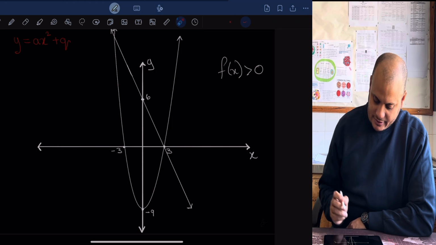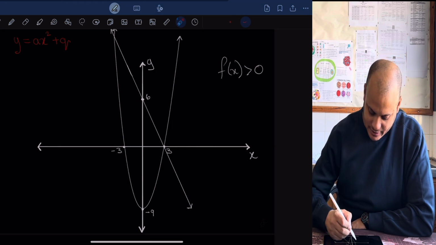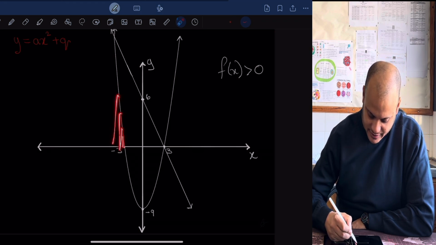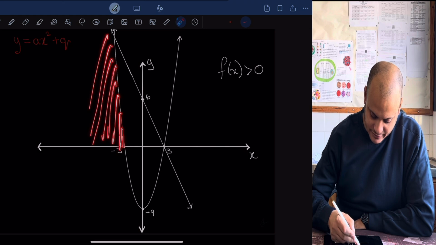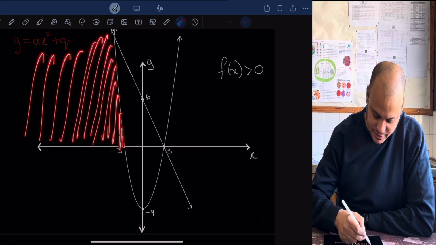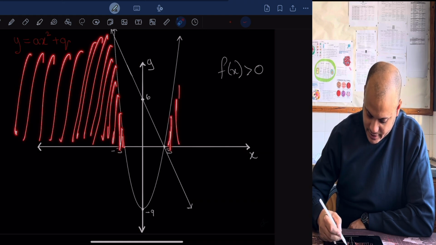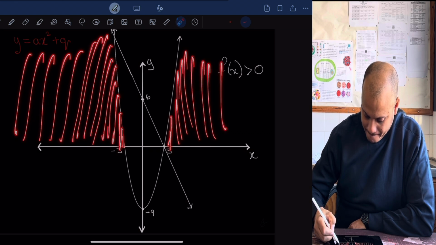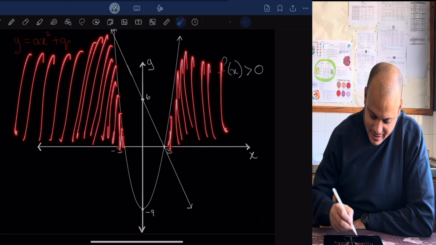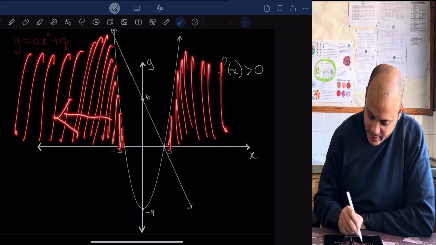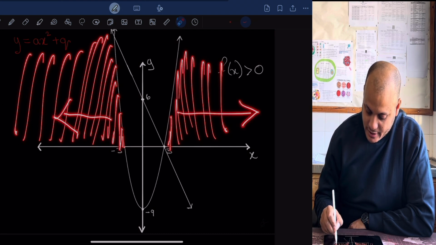So I know that looking at what we discussed now, my positive x values corresponding to positive y values are all of these guys over here and all of these guys to this side. And that means all x values less than -3 and all x values greater than +3.